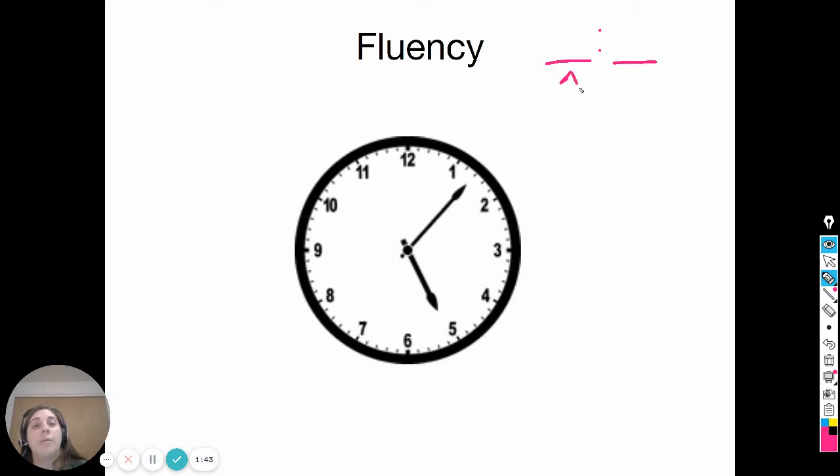So this is the hour, and this is the minute. Okay, so the hour goes first, which is the shorthand, and then the minute, which is the longhand. So I'm just going to write short, long.